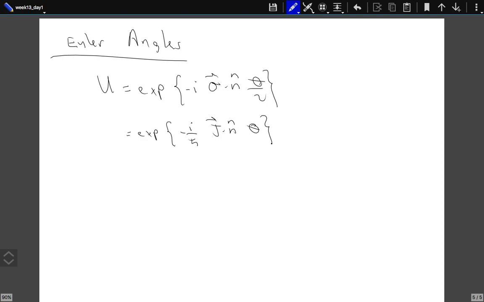To specify this, we need to know what n hat is, since we are rotating around n hat. If you choose your coordinate axis, it's enough to know this angle theta and this angle phi. So that is 2 parameters.